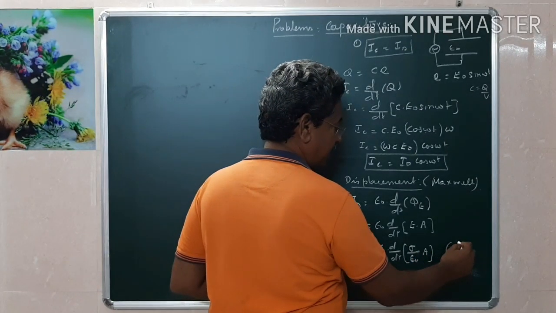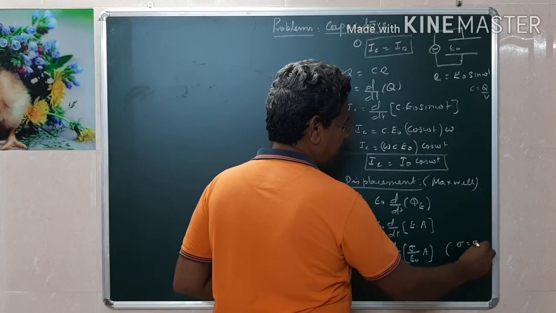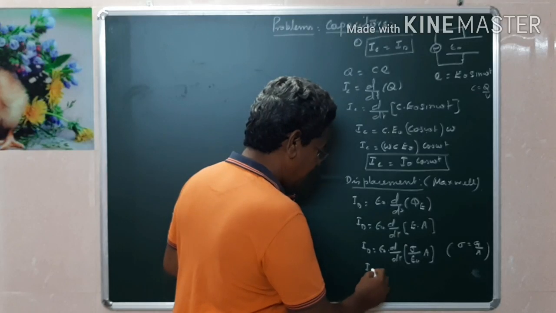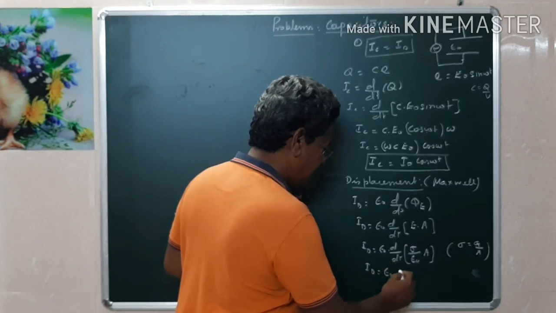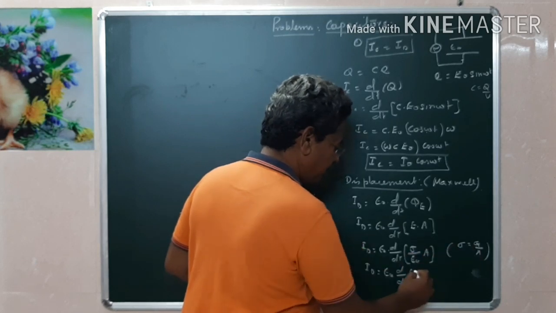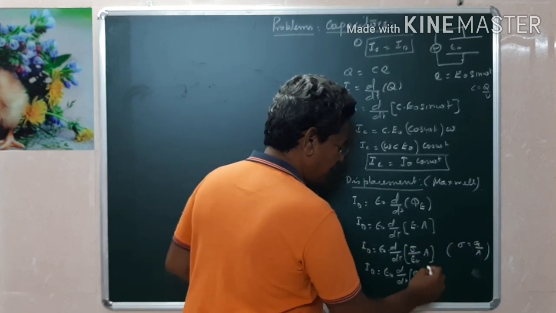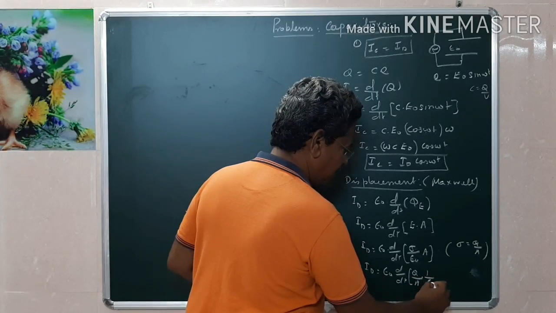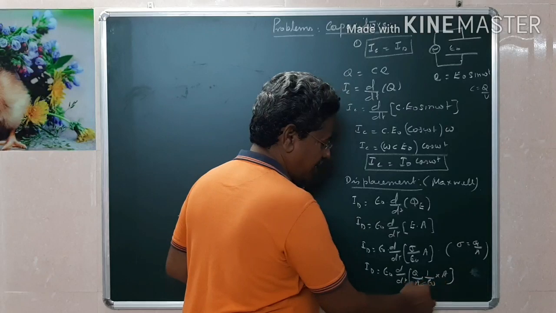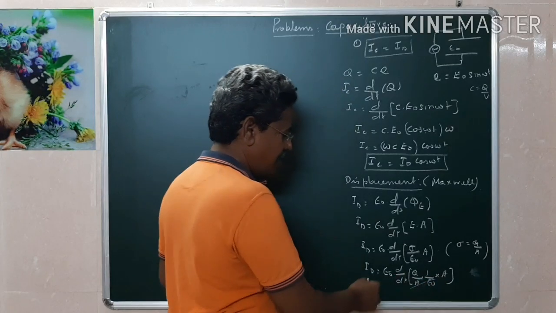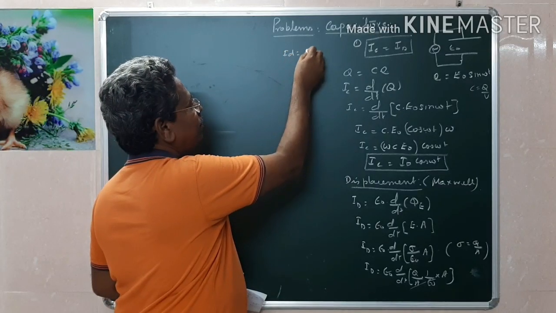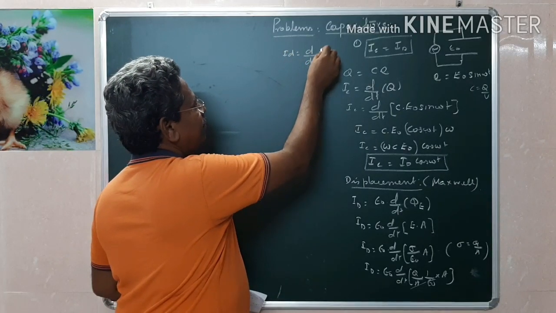Again, we know that sigma is nothing but charge divided by area, Q by A. Therefore, ID is equal to epsilon naught d by dt into Q by A into 1 by epsilon naught into A. So the A's cancel and the epsilons cancel. Then again the displacement current is equal to d by dt of Q.